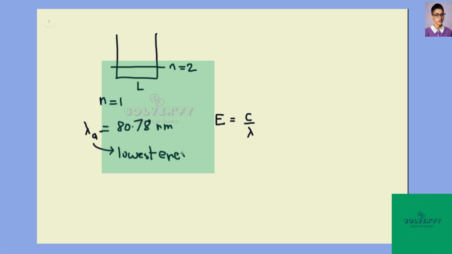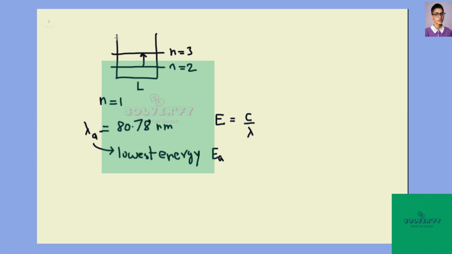Accordingly, we can say that the lowest amount of energy that the electron can absorb to make a transition is given by lambda A, and let's call it EA. However, we know that just above n equal to 2 we have another level, which is n equal to 3. So the lowest amount of energy required should be equal to the difference between n equal to 2 and n equal to 3, because the electron can directly jump from n equal to 2 to n equal to 3 by absorbing a certain amount of energy, and that will be the minimum energy it can absorb.